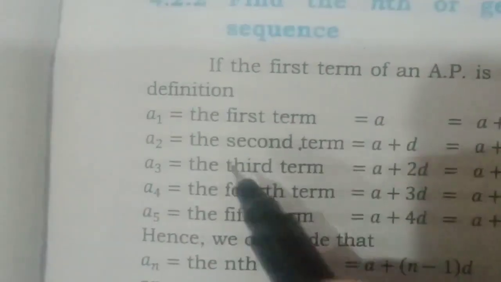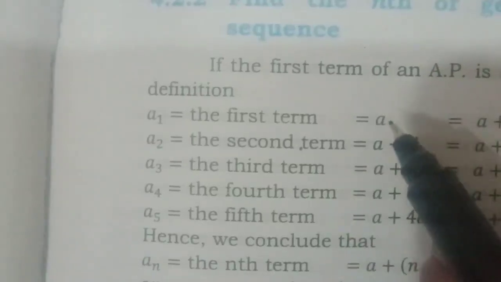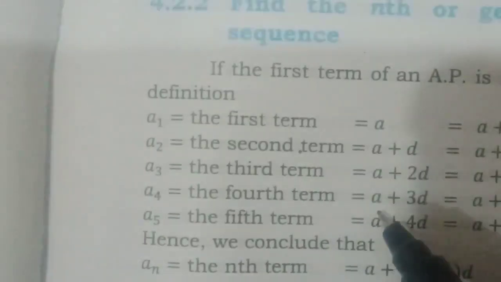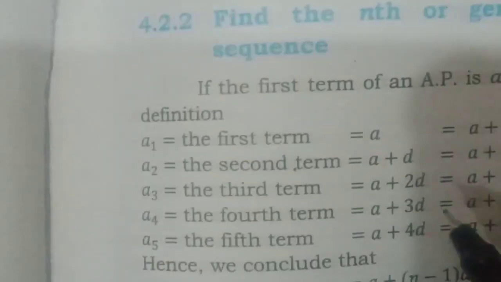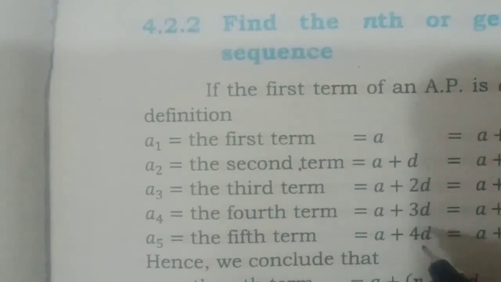Now if you want to find the third term, starting again from the first term, you need to add two differences, because it will be 2d. Similarly, for the fourth term you have to add 3 times the difference. And if you want to find the fifth term, a5, then you have to add 4d.